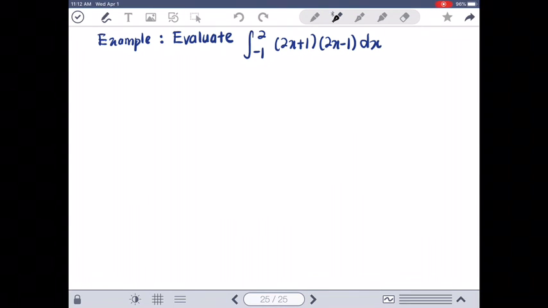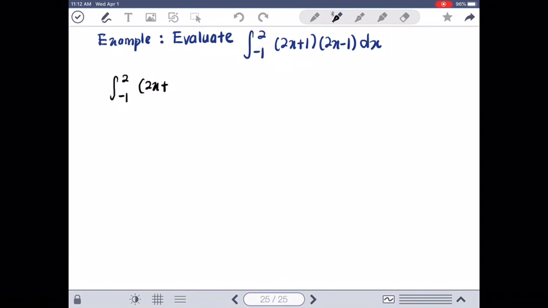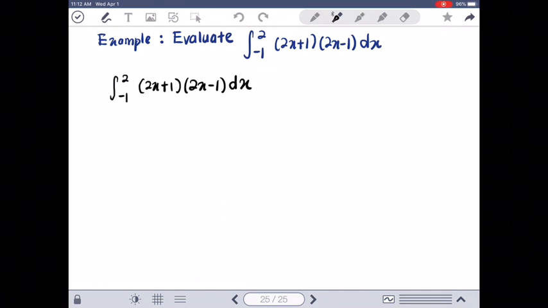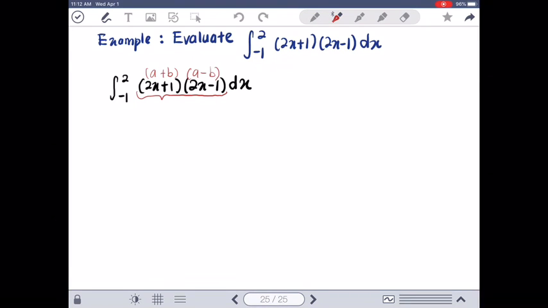One more example. Evaluate the integration from -1 until 2 of this function. So we have integration from -1 until 2 of 2x plus 1 multiplied with 2x minus 1 with respect to x. In this case, we need to expand this first. This is in the form of a plus b and a minus b.